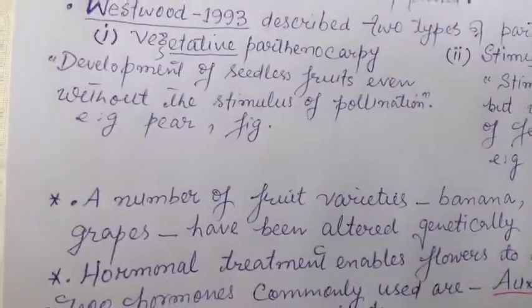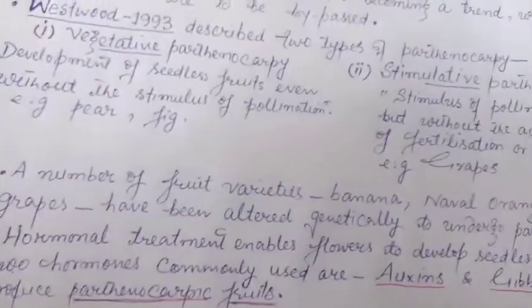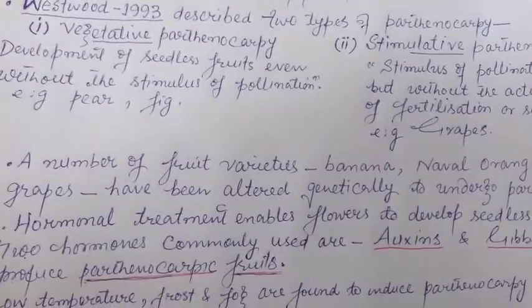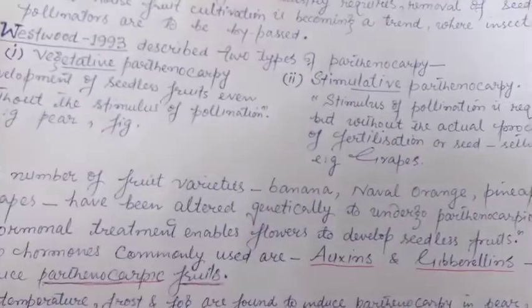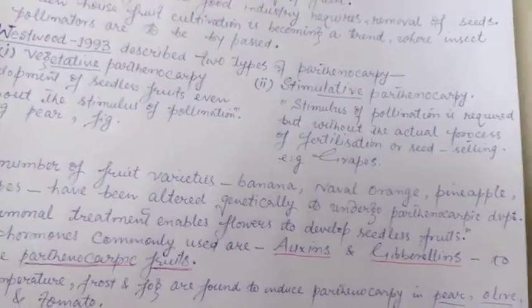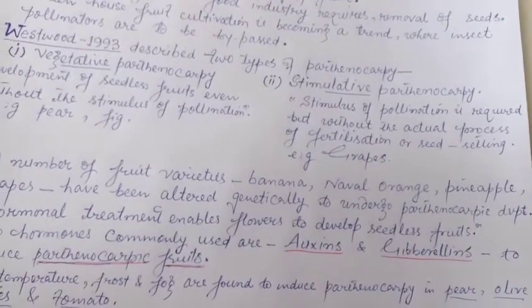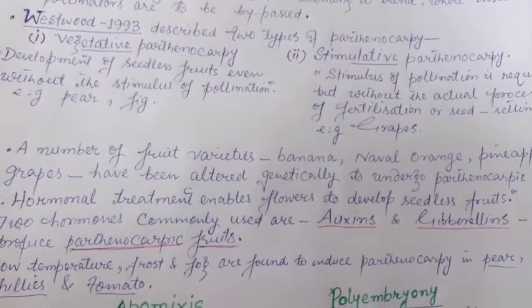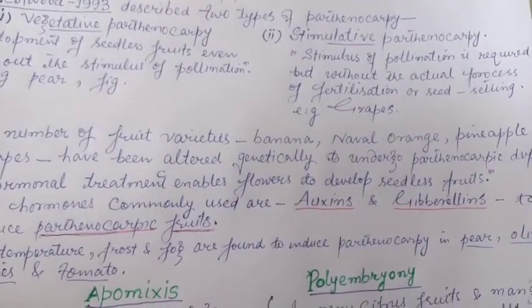Now, a number of fruit varieties, banana, navel orange, pineapple and grapes, have been altered genetically to undergo parthenocarpic development. Hormonal treatment enables flowers to develop seedless fruits.